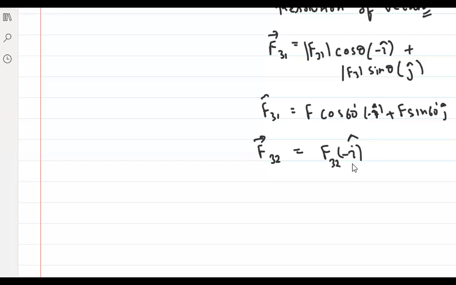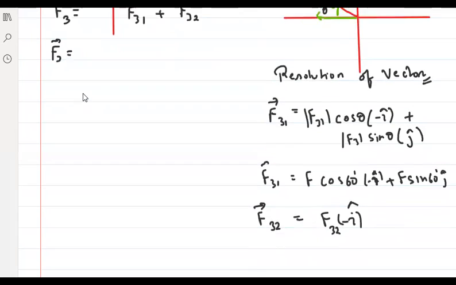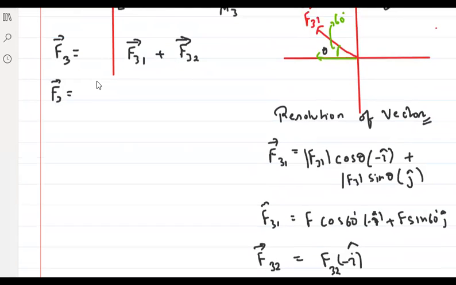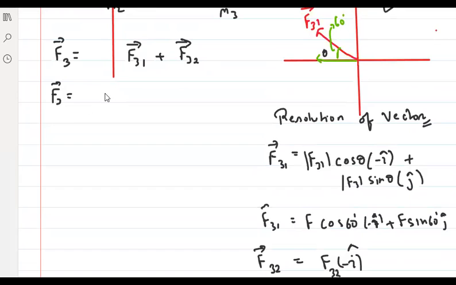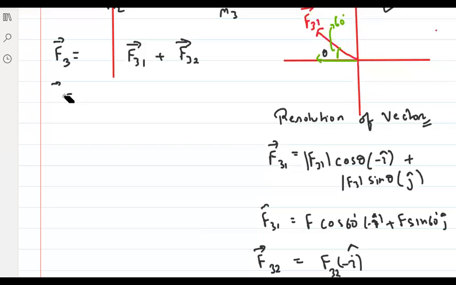That's why, whenever you deal with force, always break it into components. So the total net F3 is equal to, now this F and this F will not be equal, so I will further simplify this.